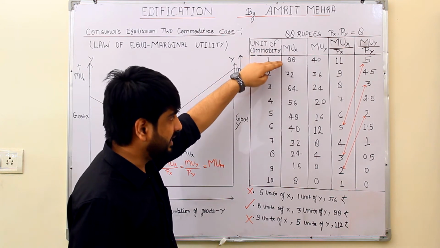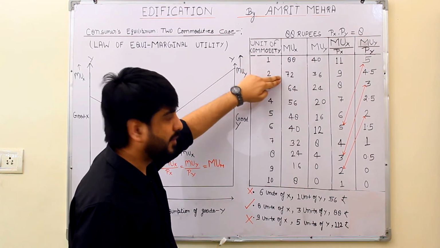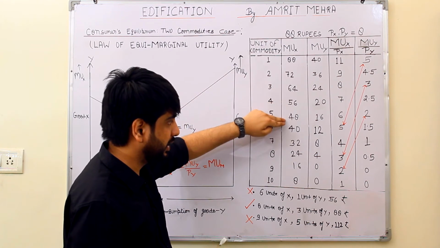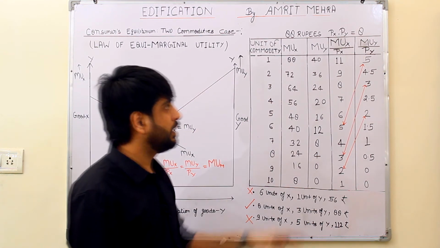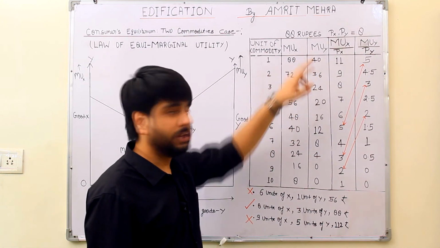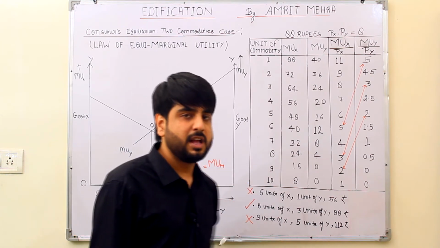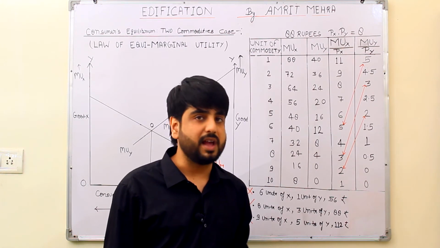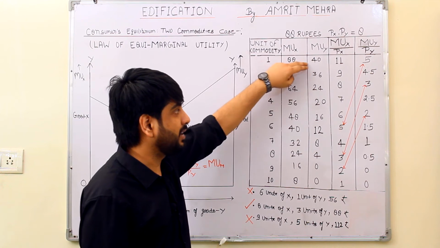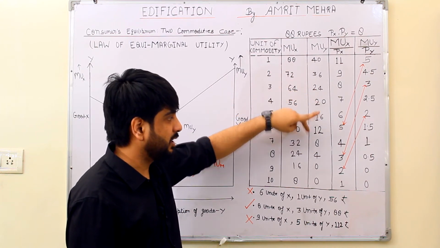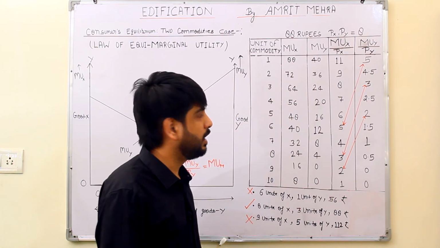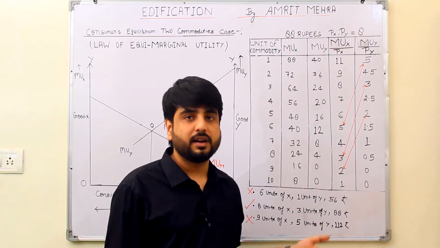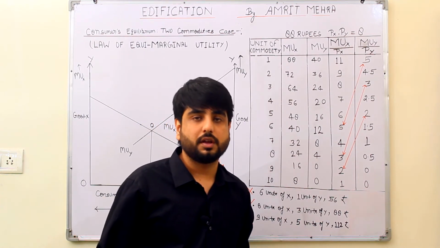MUX we can see that it is decreasing from 88 to 72 to 64, 56, 48 and so on. The MUY, the utility that the consumer gets from the consumption of commodity Y, is also decreasing from 40, 36, 24, 20, 16, 12 and so on. First of all, why do these utilities fall?